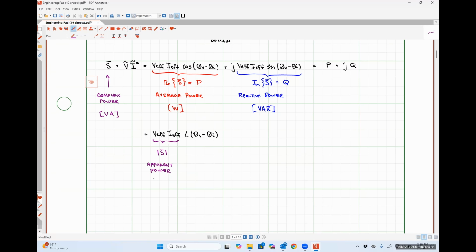Apparent power is also measured in volt amperes because it is nothing more than the magnitude of that complex number. The only way to really know whether you're talking about apparent power versus complex power is that apparent power has no phase angle associated with it. It's just the magnitude. If you have a magnitude and a phase angle, you have complex power.